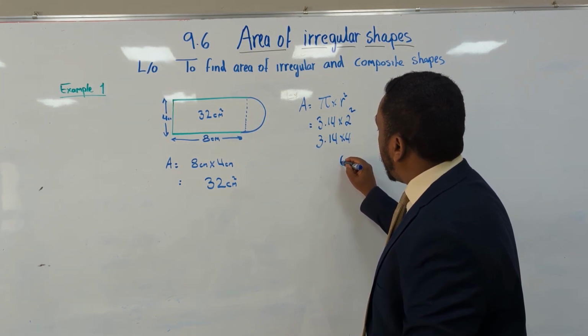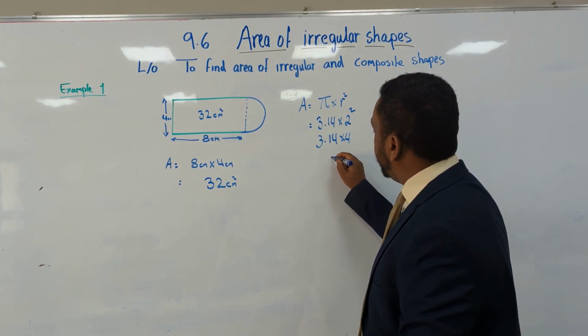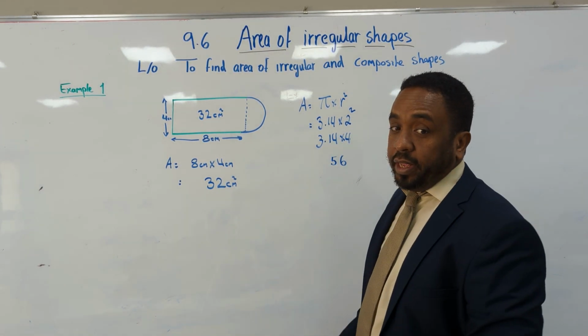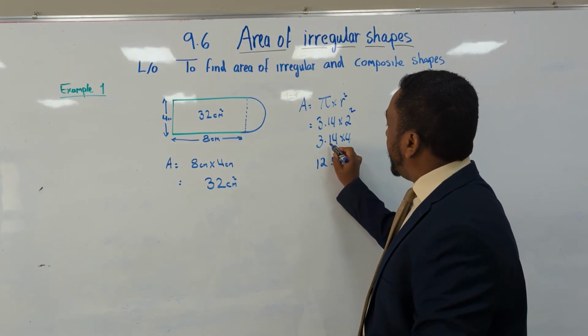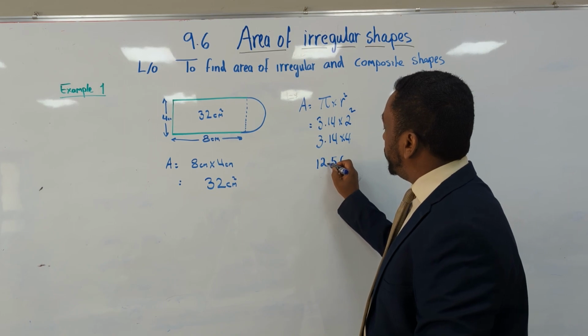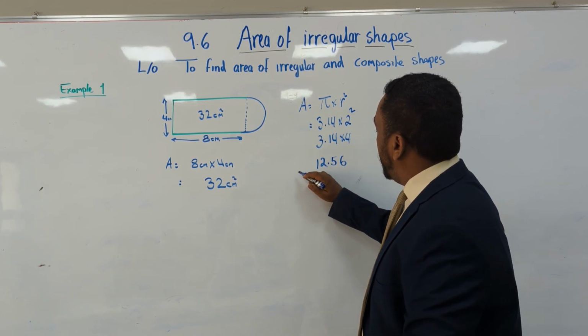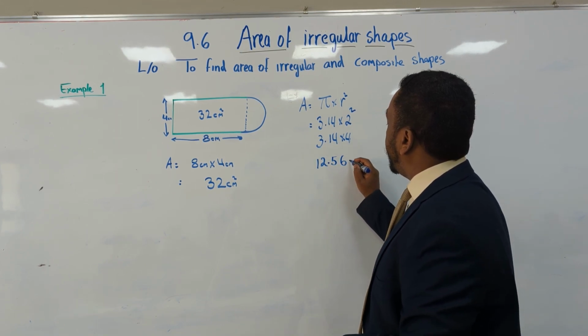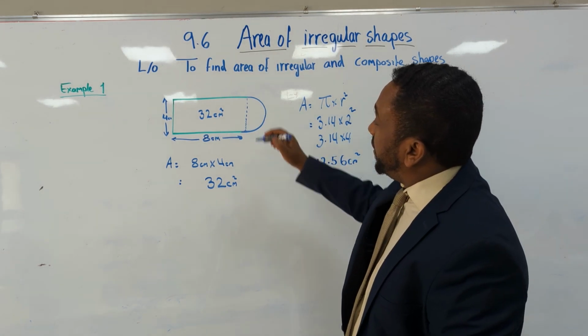Write the 6, carry 1. 4 times 1 plus 1 is 5. And then 4 times 3 is 12. So we write down the 12. So how many decimals are there? 2. So the answer is 12.56 centimeters square.